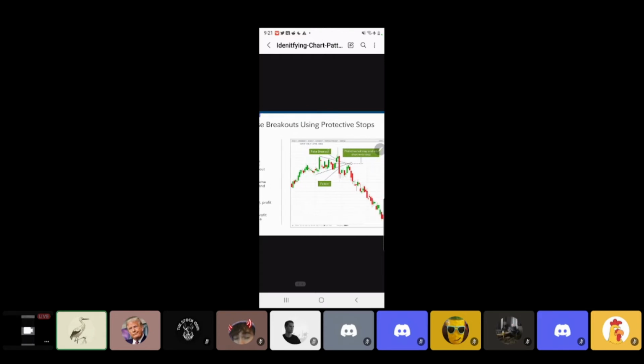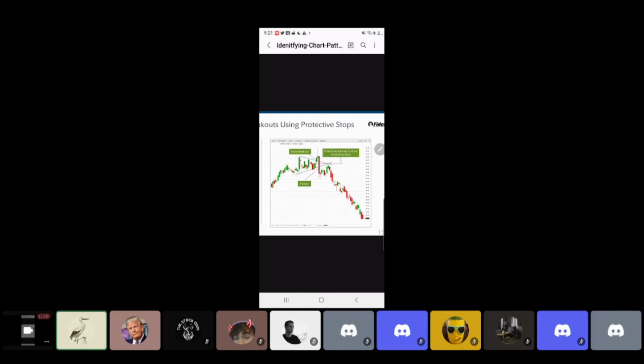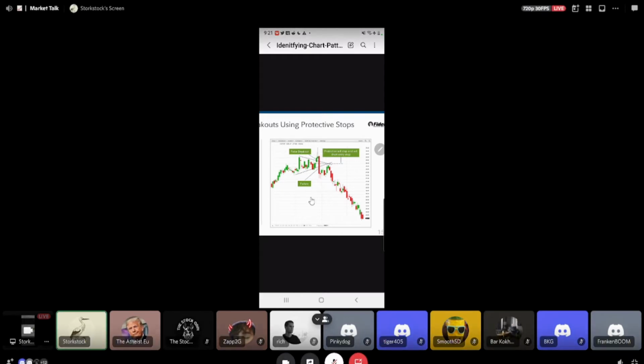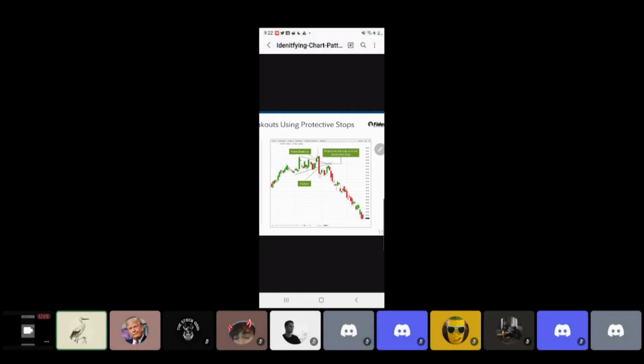Another example of a false breakout into a bear market trend is essentially here, creating a double top. It was a false breakout here, but it's generally a double top because it never really did a good key resistance breakout.